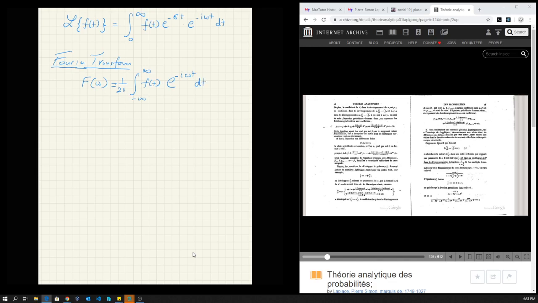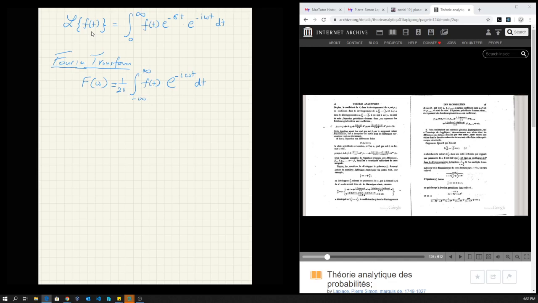So look at the two, right? Look at the difference between these two. There are two main differences. One of them is minor, that's the boundaries. Typically with Fourier transforms, we allow t to go from negative infinity to infinity because we can go all the way back in time.